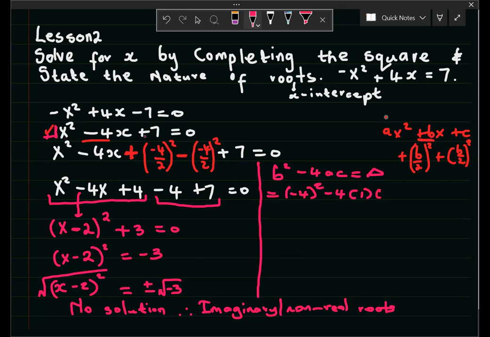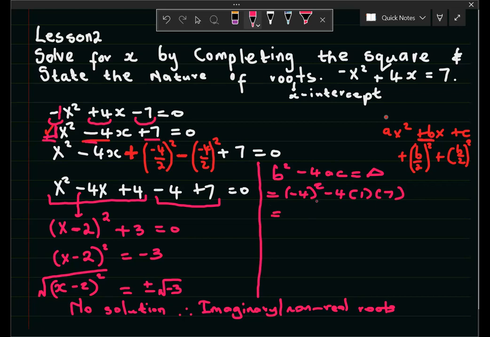And then my c is 7. So if you use the first one, your a is going to be negative 1, your b is going to be positive 4, and your c is going to be negative 7. Be careful not to mix them around. May I use this one? I use positive 1, negative 4, and my c is positive 7.